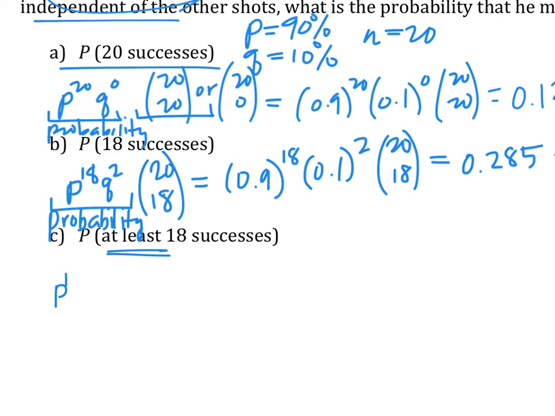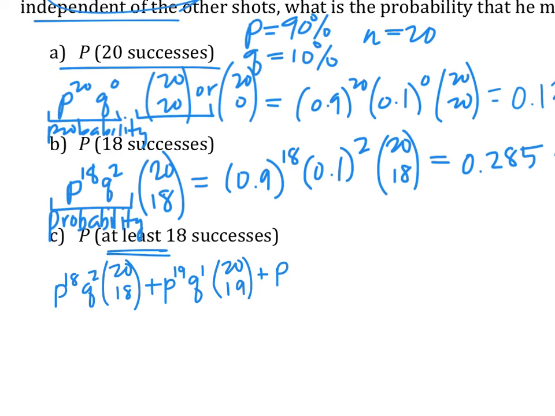Probability of 18, which means 18 successes and 2 failures, times 20 choose 18, plus probability of getting 19 shots in, which means you miss 1, and then 20 choose 19, plus probability of getting 20 shots, which means you miss none, and then 20 choose 20.